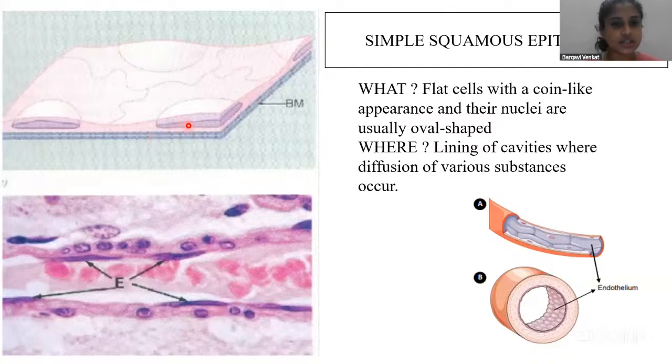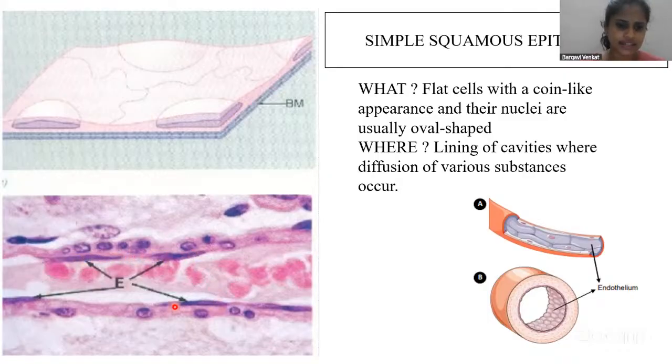And you can see here the squamous cells. These are your squamous epithelial cells, flat cells where the nuclei are usually oval shaped. The nuclei are not seen here. I'll show it here in the microscopic image. Not all of these are epithelial cells; only the elongated ones that line the wall. This one.